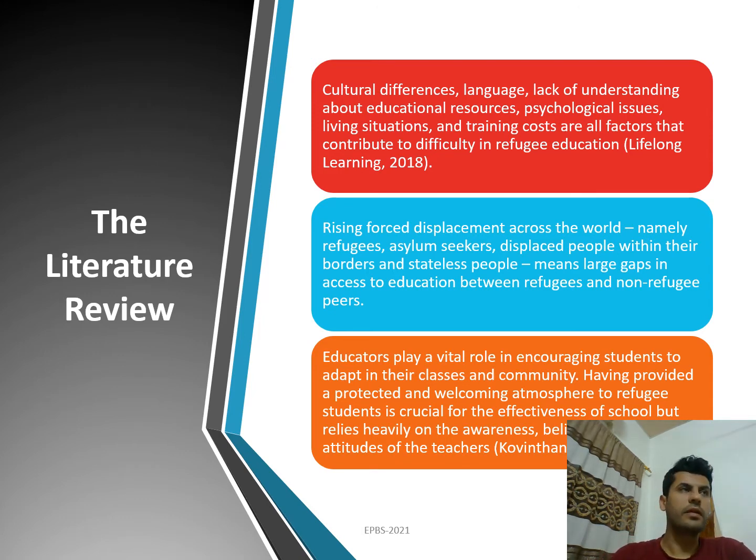There are many things that the teachers and the administration staff face while teaching these people. One of them is cultural differences, that sometimes can cause misunderstanding between the two sides, and language barriers that make learning and teaching more difficult, and lack of understanding about educational resources.